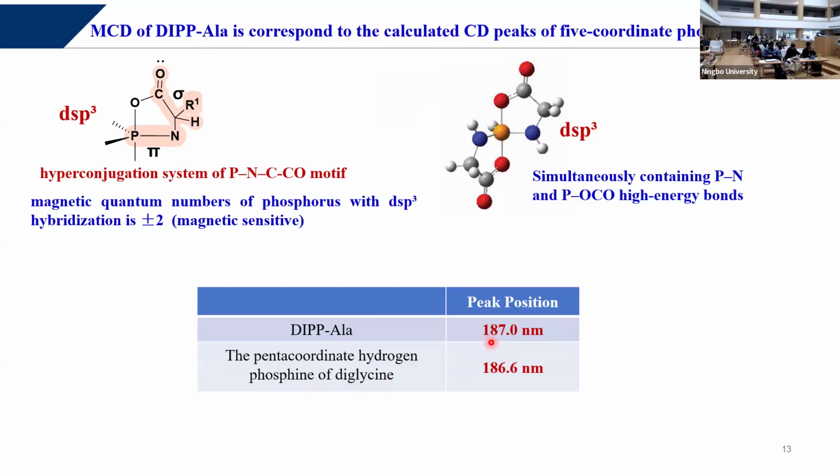So we suggest that they may share the same mechanism, where the MCD signal in phosphorylated alpha alanine likely arises from the hyperconjugation system of phosphorus, nitrogen, carbon and carbonyl moiety, and the magnetic quantum number of phosphorus with sp3 hybridization is plus and minus 2. It's magnetic sensitive.